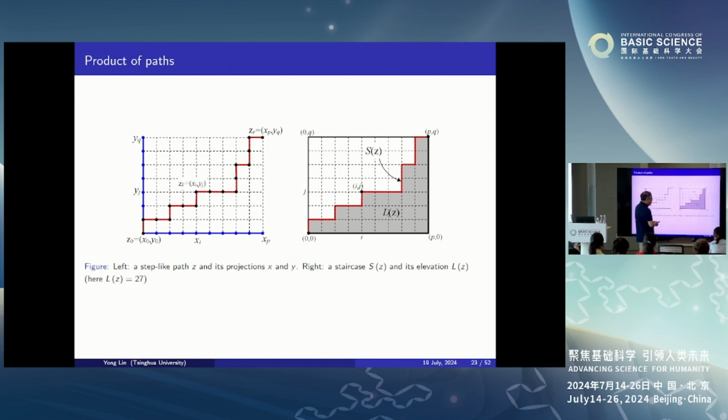We need the so-called elevation. L_z is the number of small squares under this path. So for example, in this graph, L_z is 27. Just count the number of small squares.